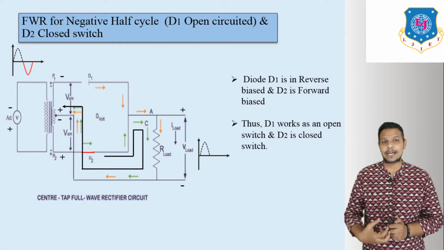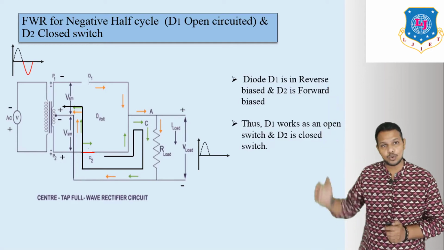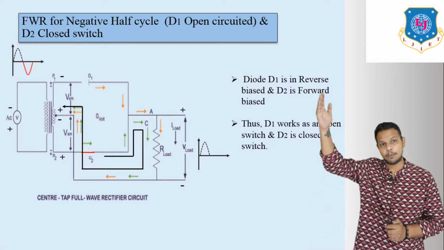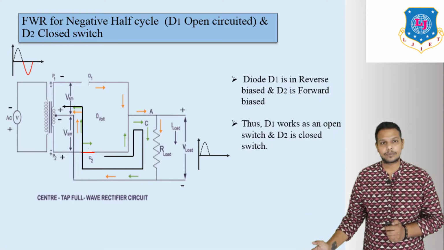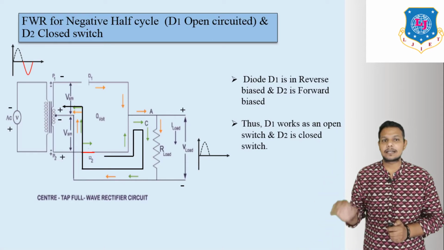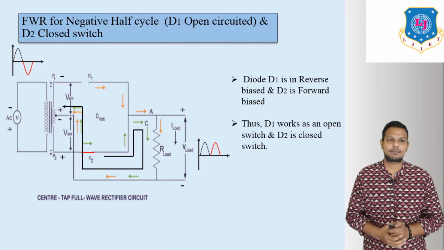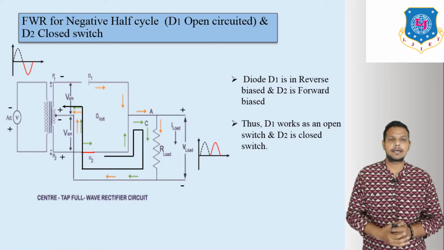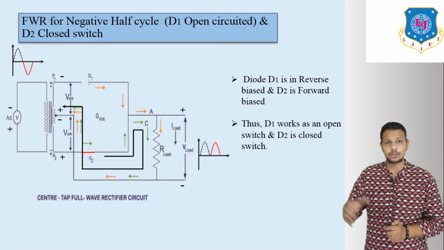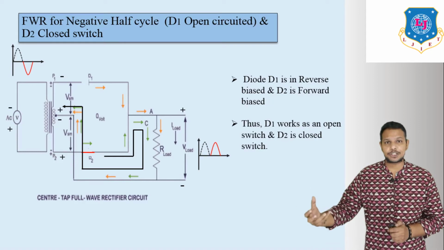In positive half cycle, current always flows from the upper end to the lower end, that means positive to negative. That's the reason the polarity is the same as before, and we get positive half cycle from the output side. So this is the negative half cycle operation.